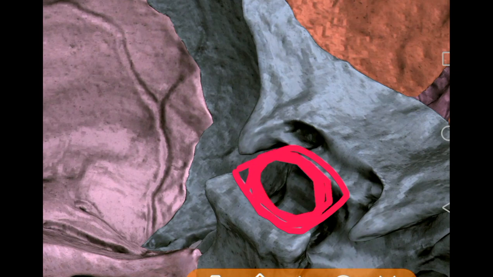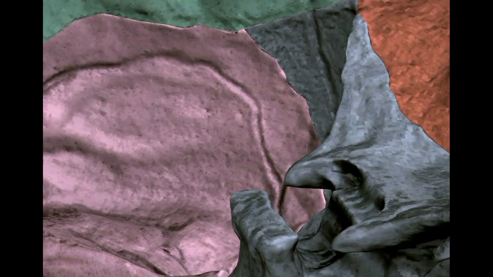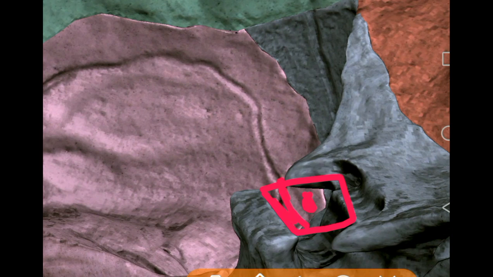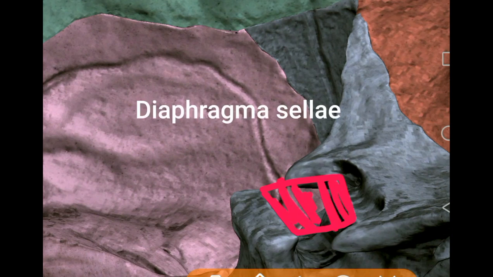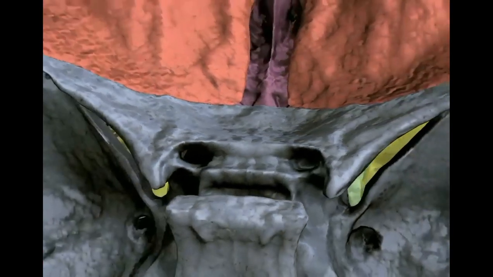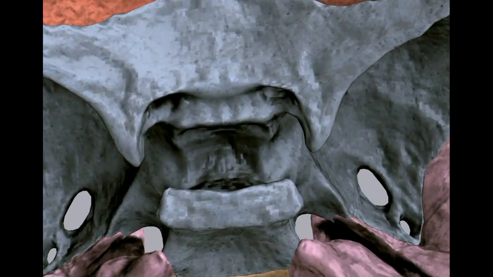Here you will see the diaphragma sellae bridging between the tuberculum sellae and dorsum sellae, overlying the fossa. So this tuberculum sellae, dorsum sellae, and hypophyseal fossa together form the sella turcica, the Turkish saddle, and this is how the diaphragma sellae covers it. In the sagittal section you are seeing, and from above it looks like this.